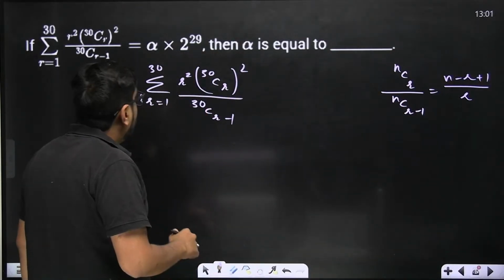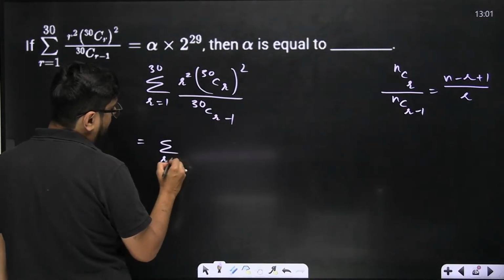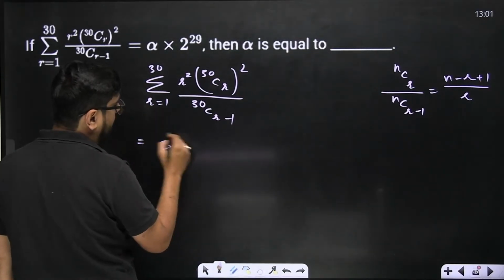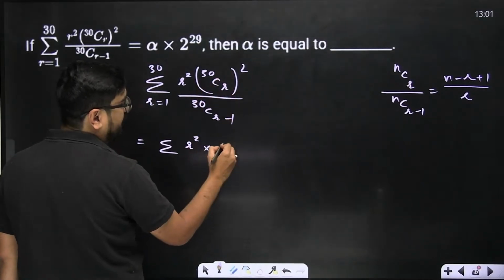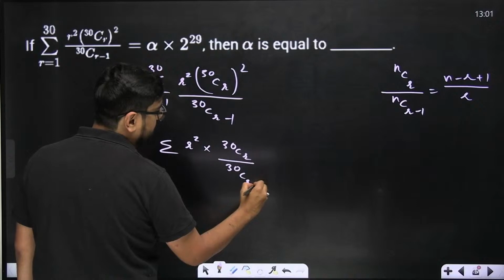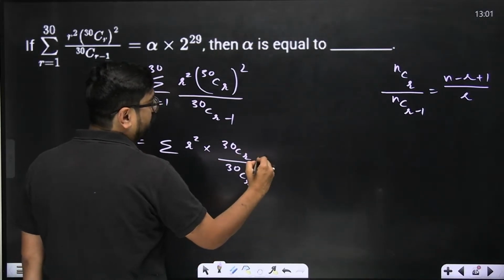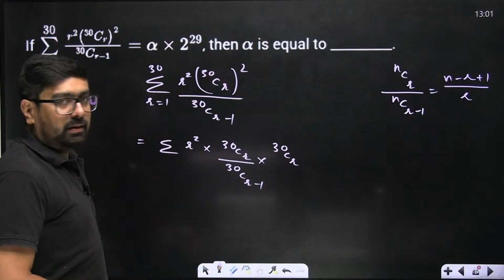This is very applicable, mostly used. Now what we can do is summation of R equal to, I am not writing 1 to 30 right now. So R square multiplied with, I will break like this, 30CR divided by 30CR minus 1, because I can see that formula being used, and I'll multiply this 30CR. So I'll write like this.